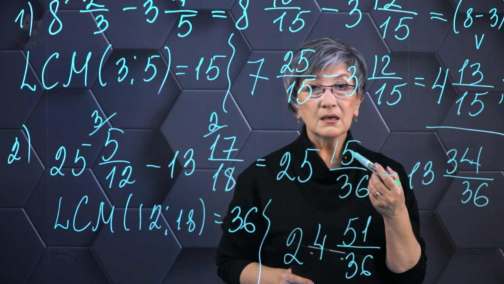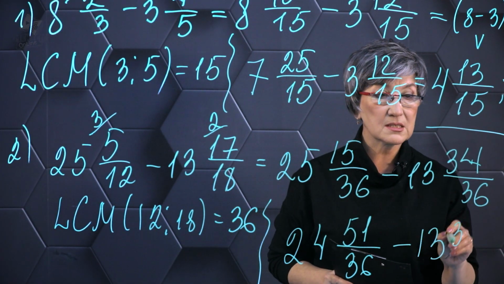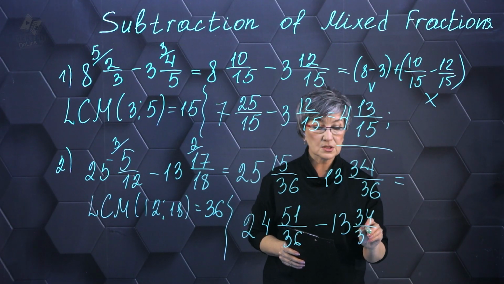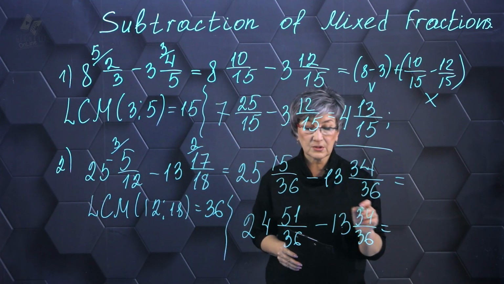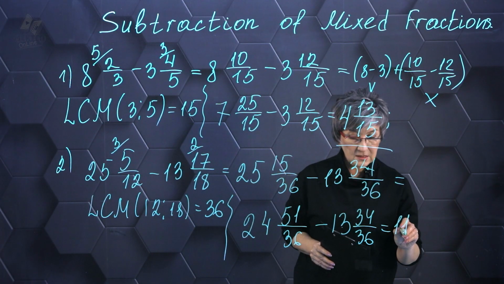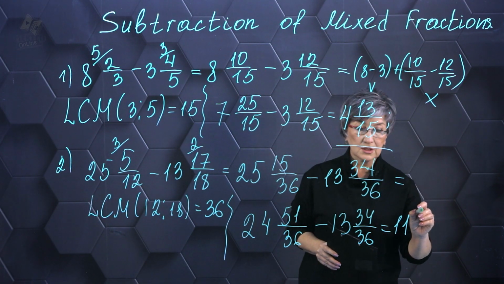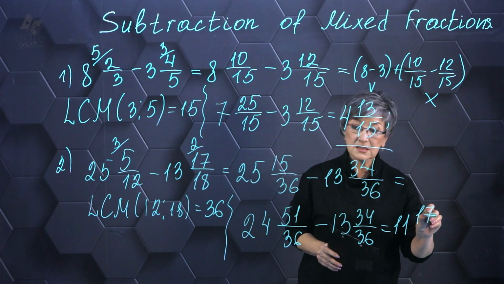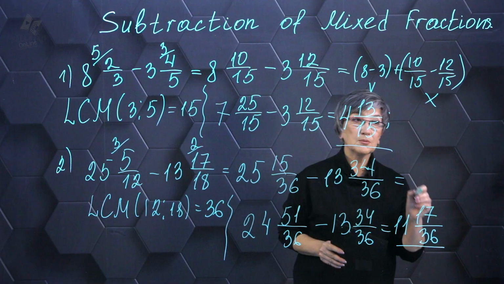Minus 13 whole, 34 thirty-sixths. Now we have to subtract. From 24, I subtract 13, that's 11. And 51 minus 34 is 17. 17 thirty-sixths, and that's our answer.